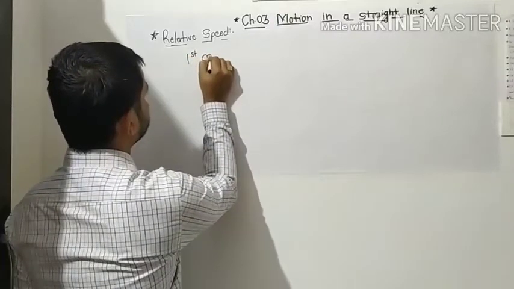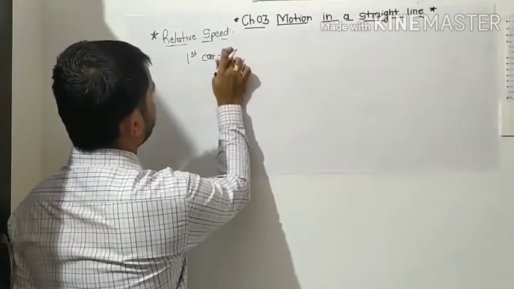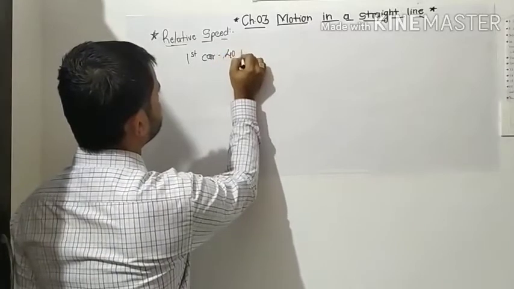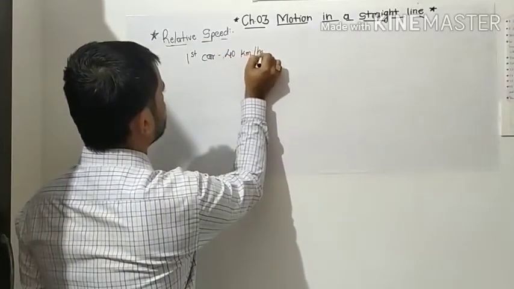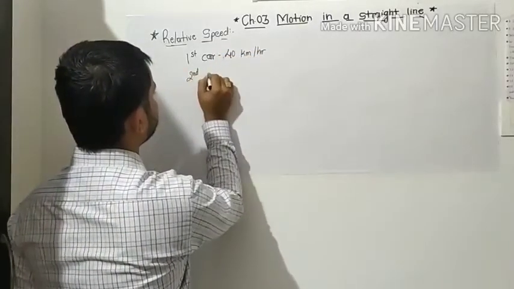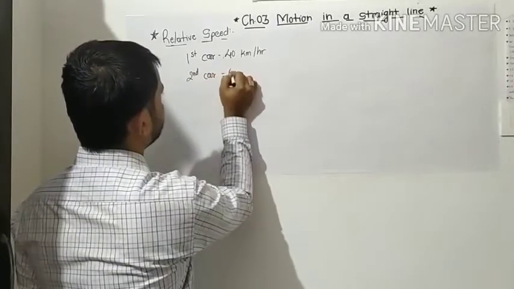The first car is moving with 40 km per hour, the second car with 60 km per hour.